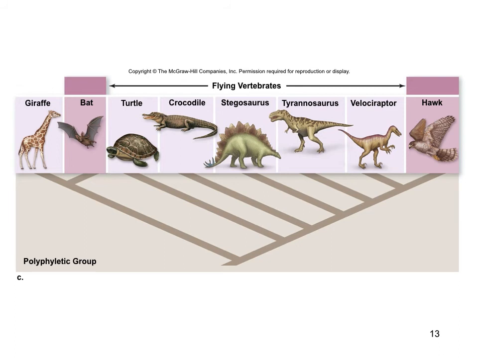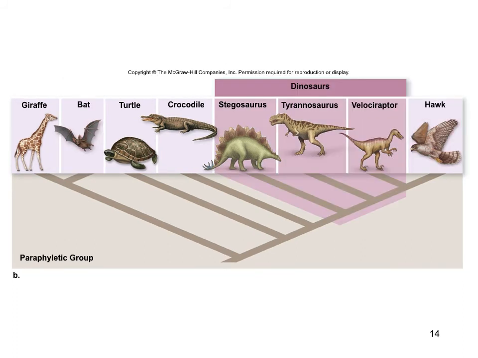So this is a polyphyletic group since there's no most recent common ancestor. Here's a paraphyletic group that shows organisms, and the dinosaurs are classified here as a group, but they're paraphyletic because hawks also share lots of features with dinosaurs and obviously share a common ancestor, but aren't included in the group.